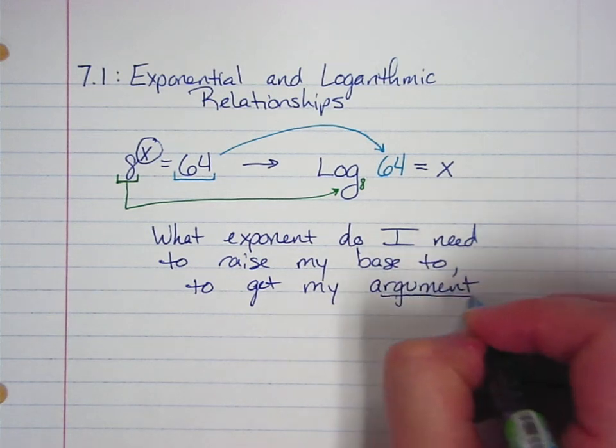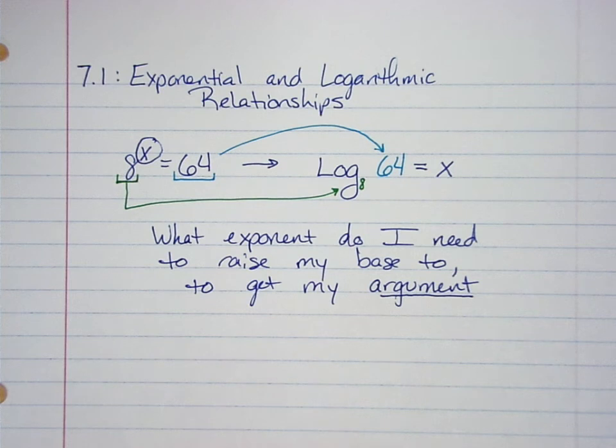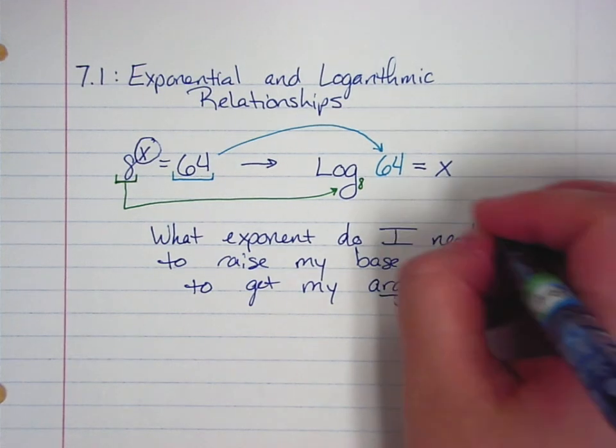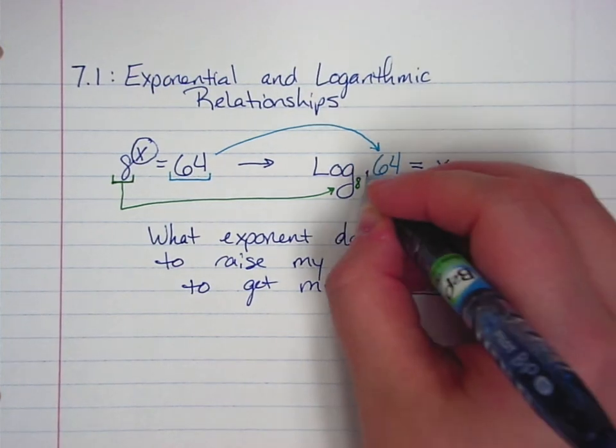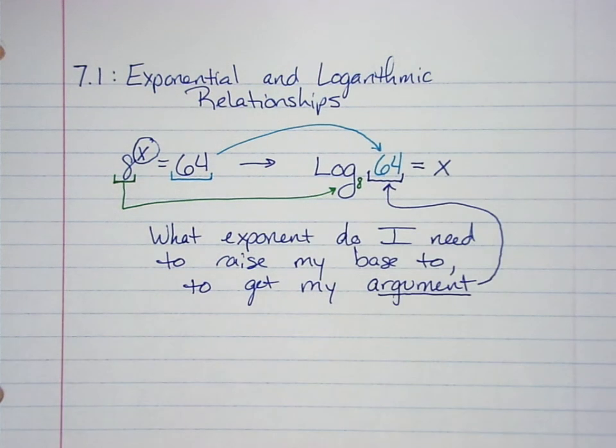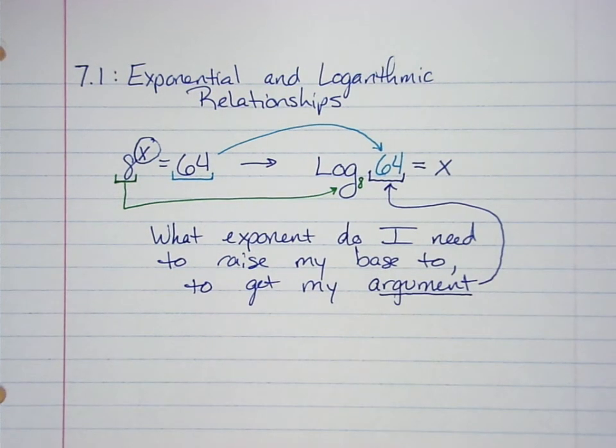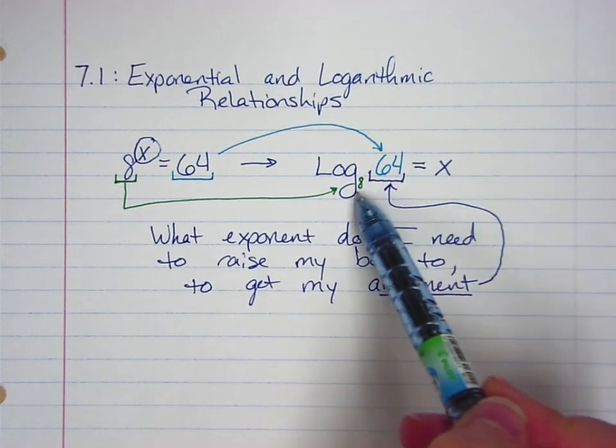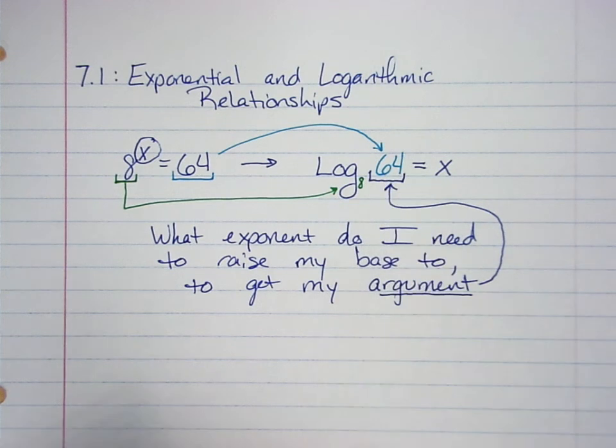The word argument is a brand new vocabulary term, and we use the argument to describe the number that we are taking a log of. So log base 8 of 64 is going to be equal to whatever exponent I would need to raise 8 to turn it into 64.